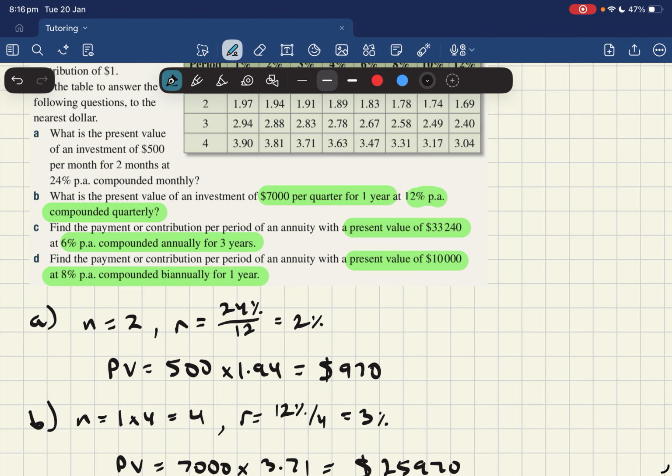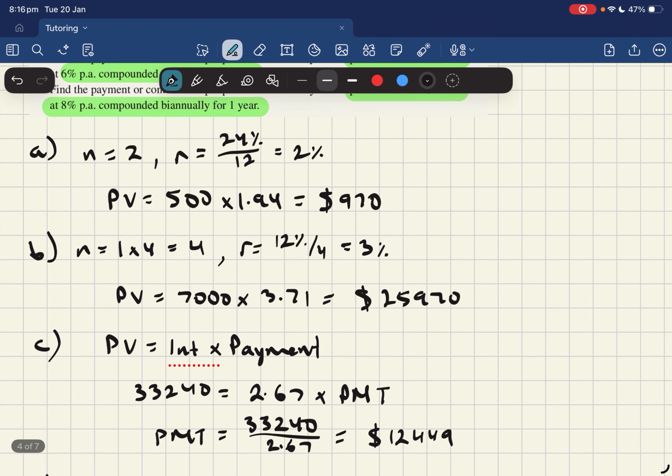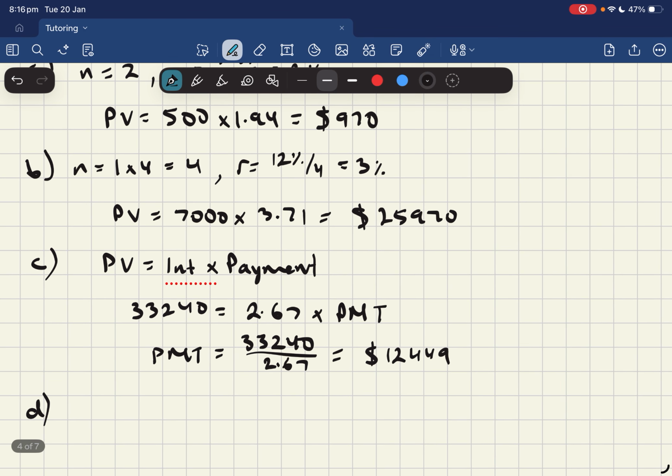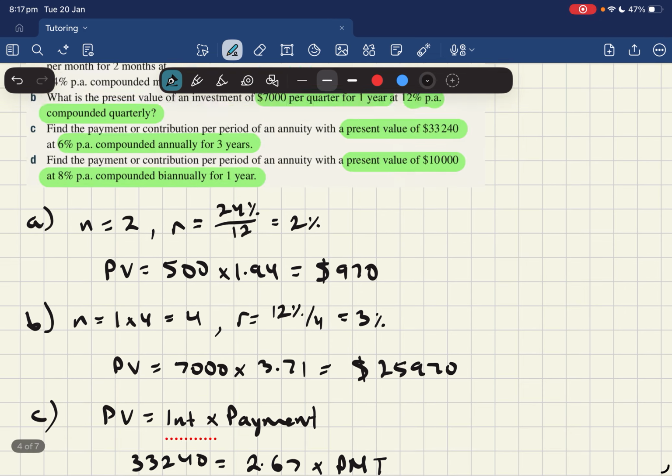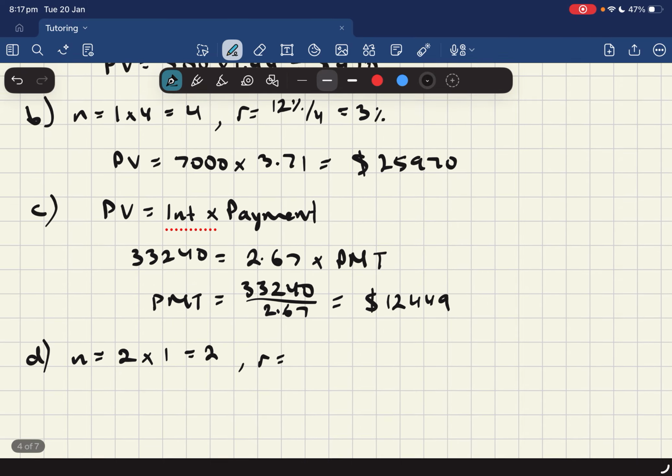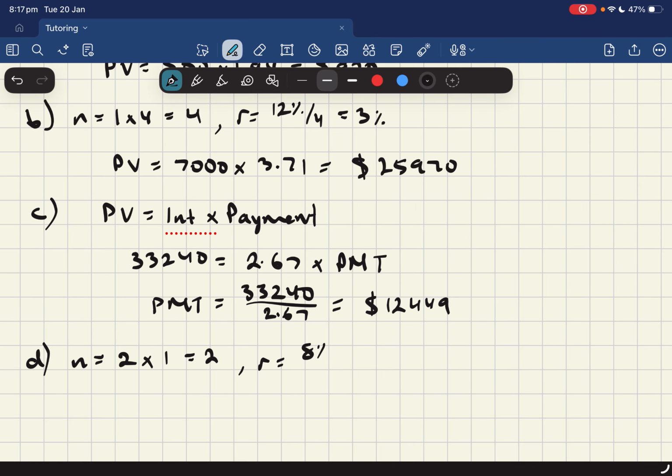So our number of compounding periods is 2 times 1, because it's biannually, 2 times in 1 year, which gives us 2. And our rate is 8% divided by 2, because it compounds biannually, so twice a year. So that gives us 4%.